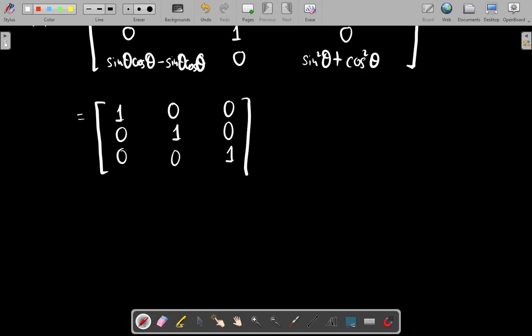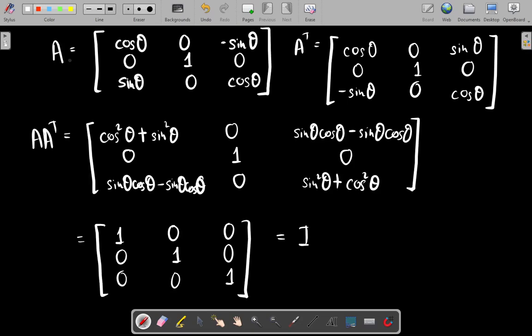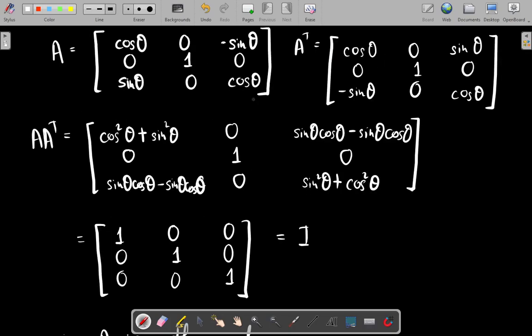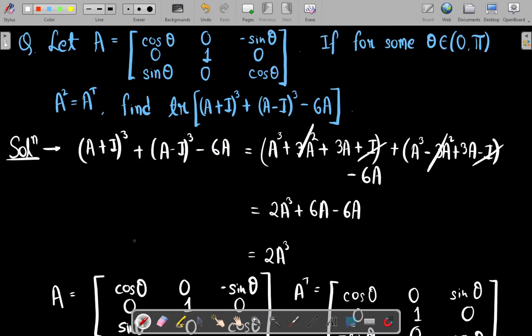So this becomes the 3 by 3 identity matrix. So A is orthogonal. We are also given that A square equals A transpose.